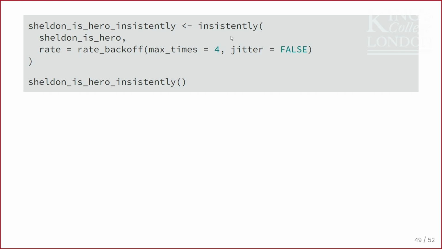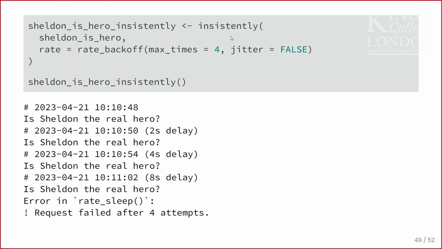So here, we've got exponential backoff set up so the delays get progressively longer between each of those. When we run that, we see that it runs the function 4 times and that the delay gets progressively longer if you look carefully at the timestamps. Ultimately, though, you end up with an error.